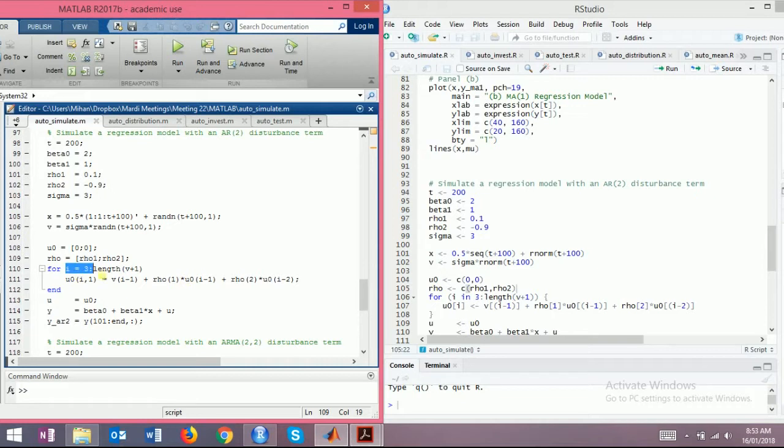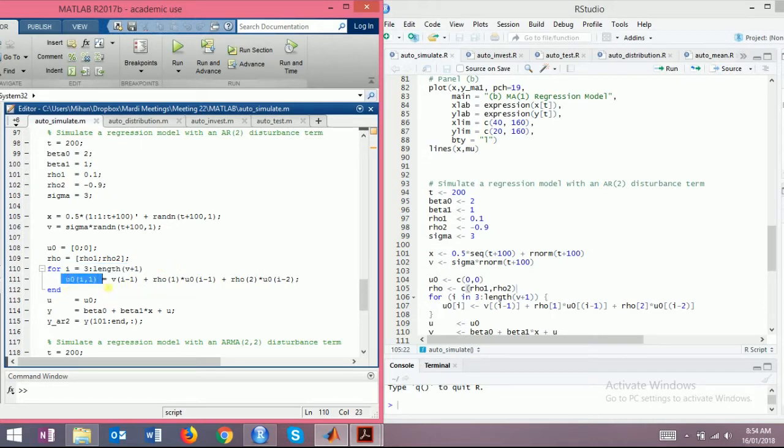See, i equals 3 to length of v plus 1. Because now you have two rows, so it's not s plus 1, it will be s plus 2, because you have two correlation coefficient parameters. So because you have s plus 2 and s equals 1, it will start from 3 and go up until the length.